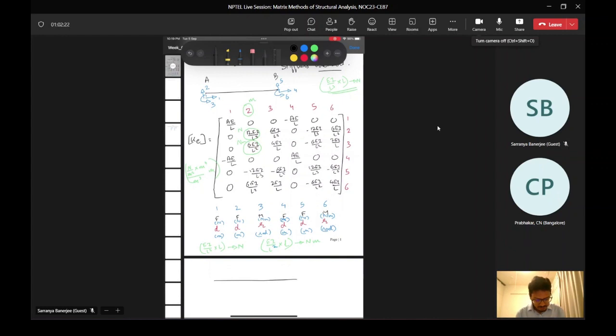So, this is the beam A and B. Now we have been very specific. We are only talking about the 2 and 3, only this displacement. If we give a unit displacement on the beam, how will our beam react?